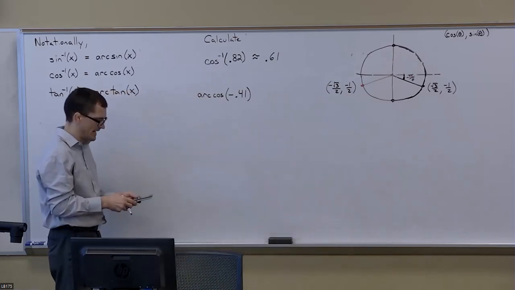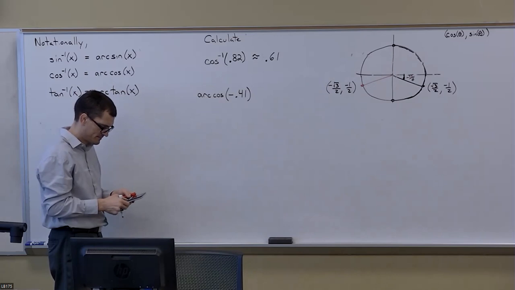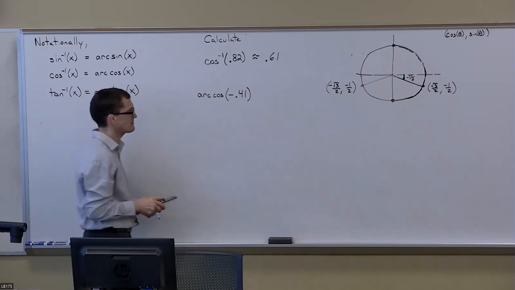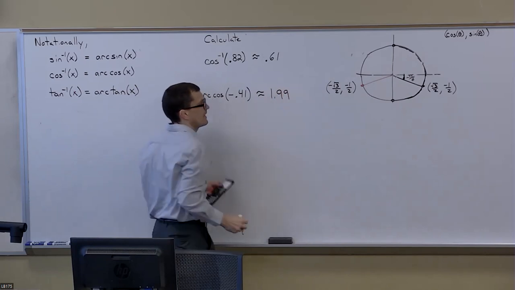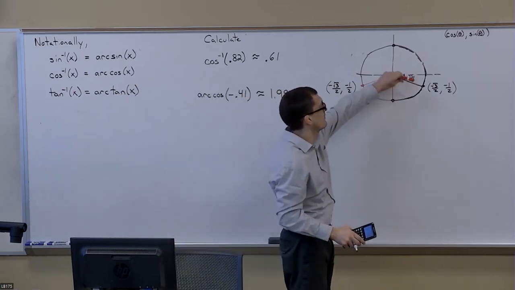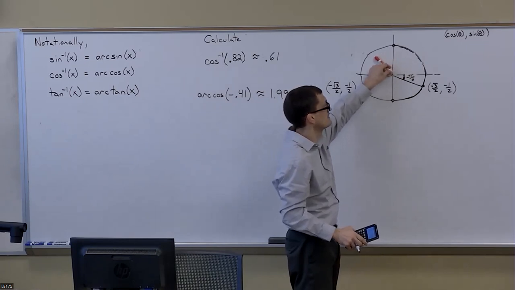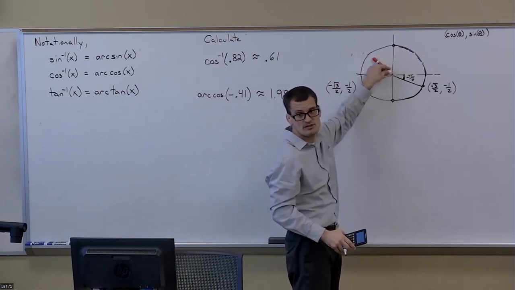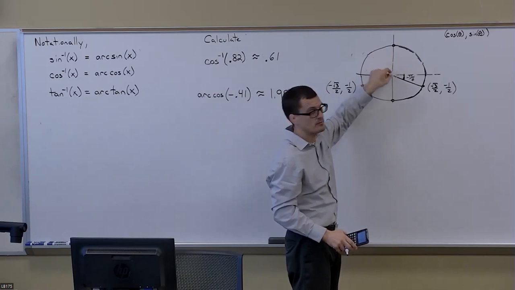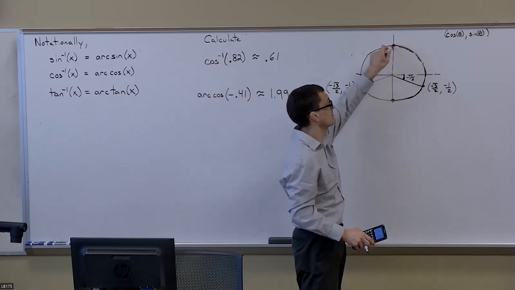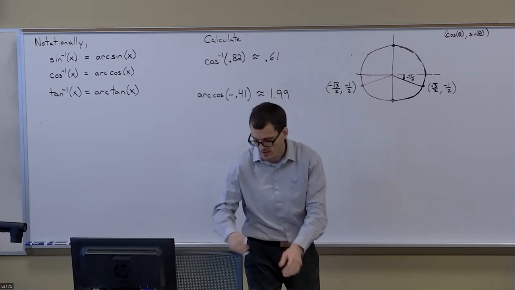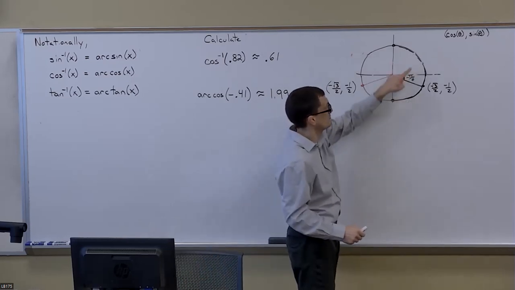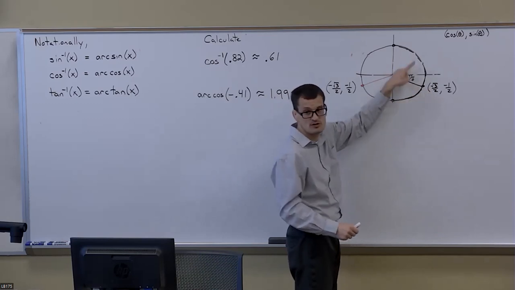Our cosine inverse of -0.41, I got about 1.99 radians. And by the way, that's in the second quadrant. Does that make sense for cosine? Remember, sine is defined between -π/2 and +π/2, but we can't define cosine that same way because these two quadrants both have positive values for cosines.